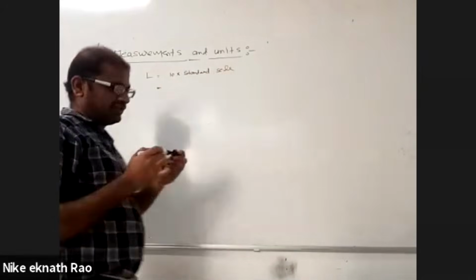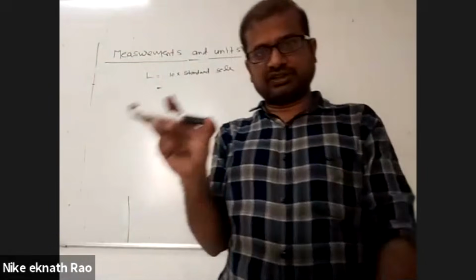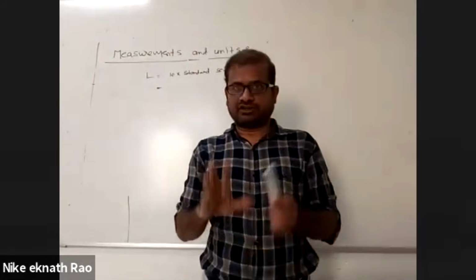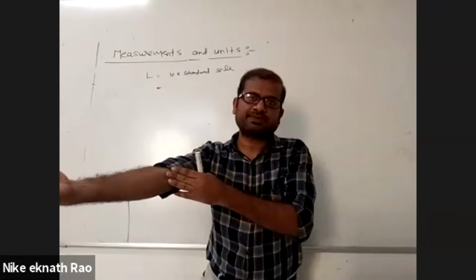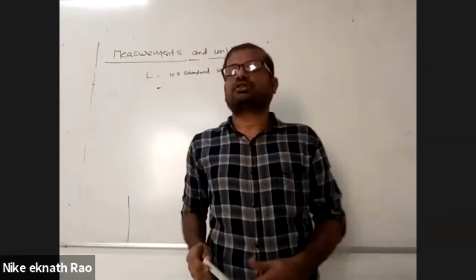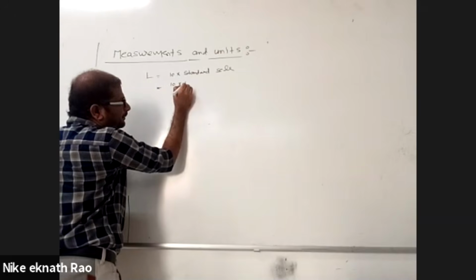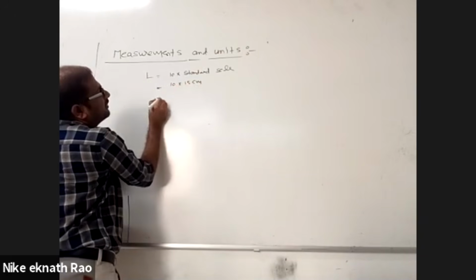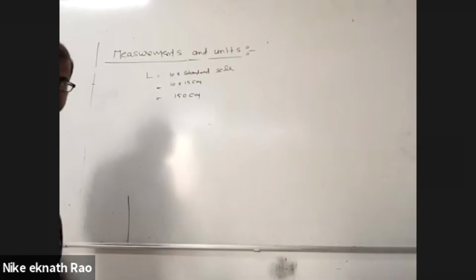What is the value of this particular scale? Generally, we have 10 centimeter, 15 centimeter or 30 centimeter scales. Say this is 15 centimeters. So this is 10 into 15 centimeters, which is 150 centimeters.